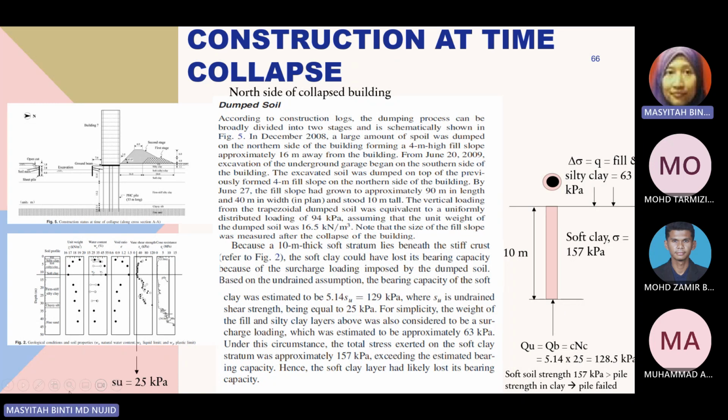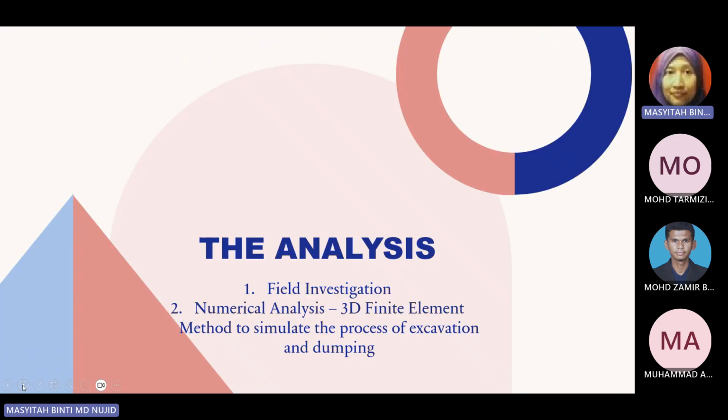Okay, that is what I tried to explain. But actually the values in this statement refer to the schematic image and also the soil profile and soil properties obtained from the site investigations. So in order to analyze, we need a few data from the field investigation and then the numerical analysis.